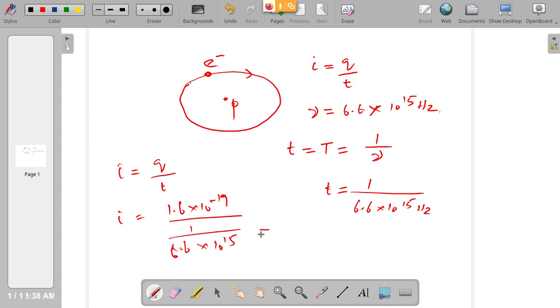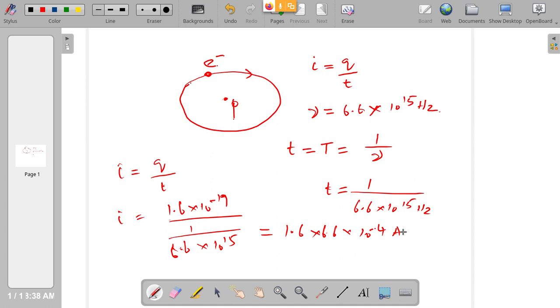So you have to take this to the numerator: 1.6 into 6.6 into 10 power minus 19 plus 15. They will multiply to give 10 power minus 4. This is the current for the electron going around the nucleus in a circular path.